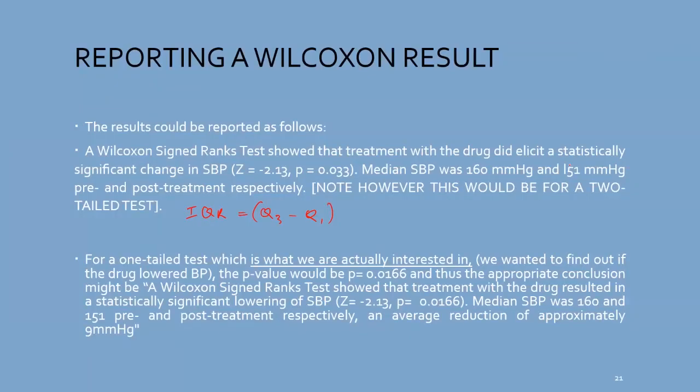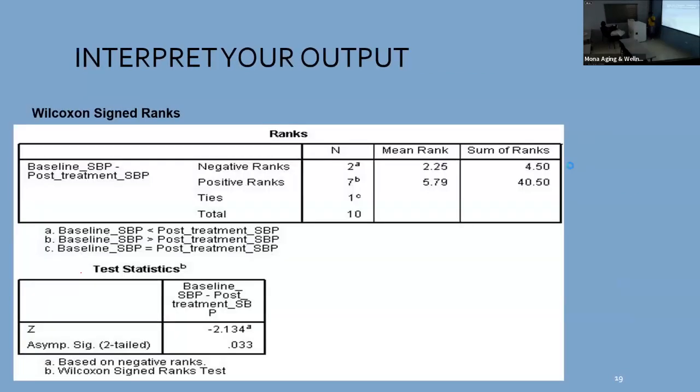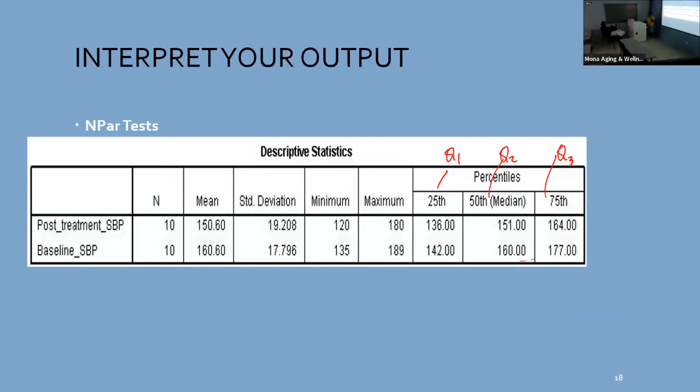For this mean rank example, how would we work out the measure of spread? How would you work out what? The IQR, the Q3 minus Q1 from this example. So you go back to the descriptive table. So these are your Q1 values here. These are your Q3 values. And you're just subtracting.